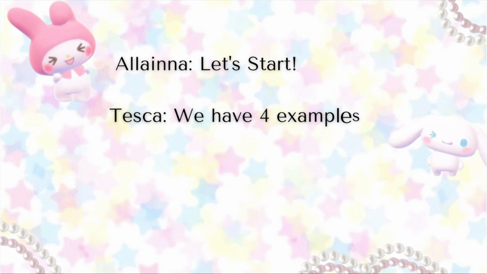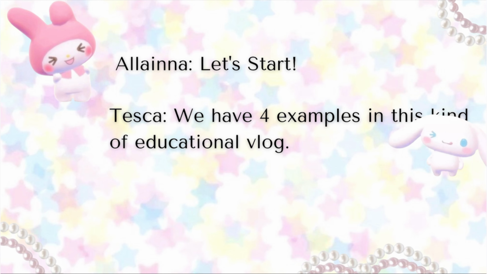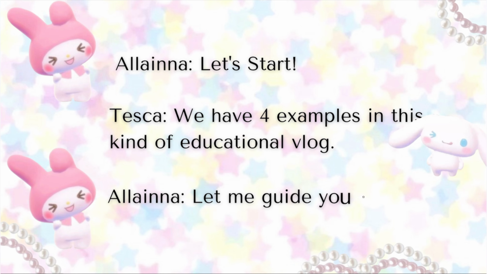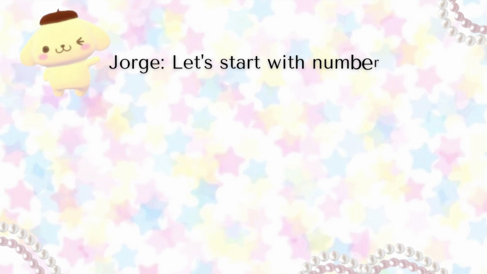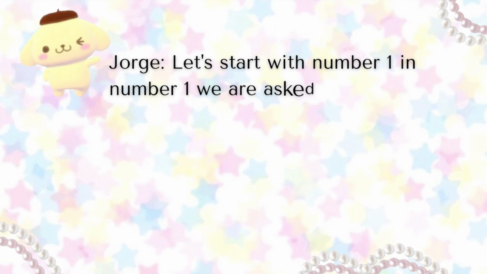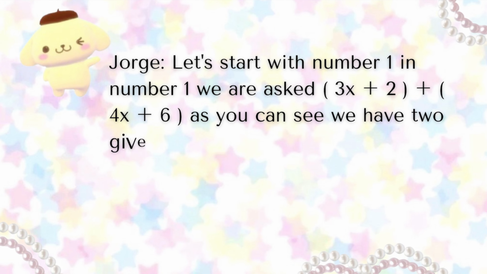We have 4 examples in this educational vlog. Let me guide you on how to add these polynomials. Let's start with number 1. In number 1, we are asked (3x + 2) + (4x + 6). As you can see, we have two given polynomials.